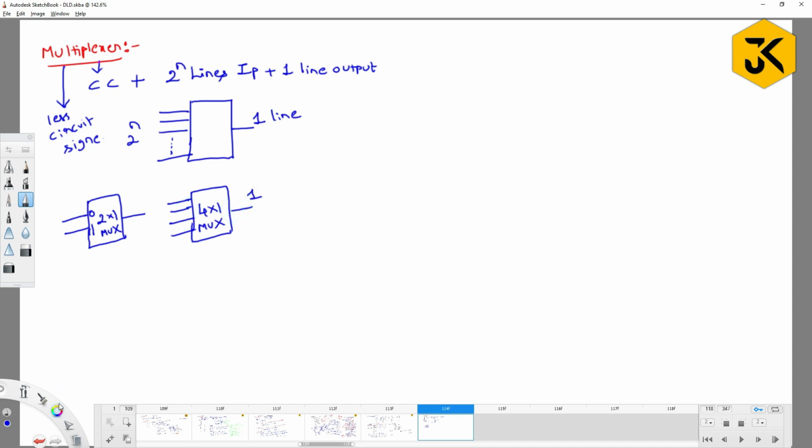Now, if you observe here, if I want to identify these lines uniquely, how many bits are required? To identify these 4 lines uniquely, can I take 2 bits? If I take 2 bits as A and B, the inputs are like 0 0, 0 1, 1 0, 1 1.